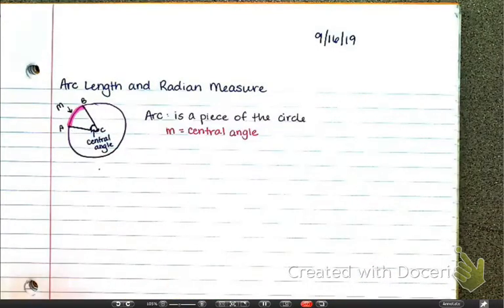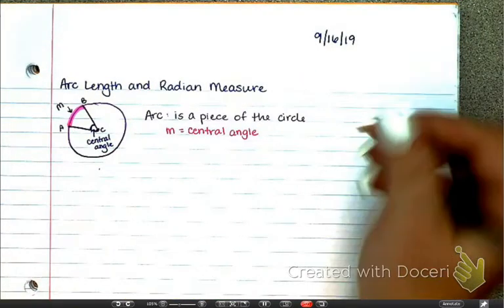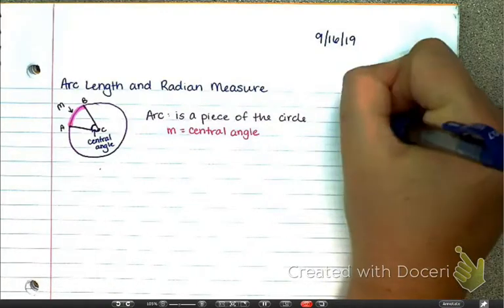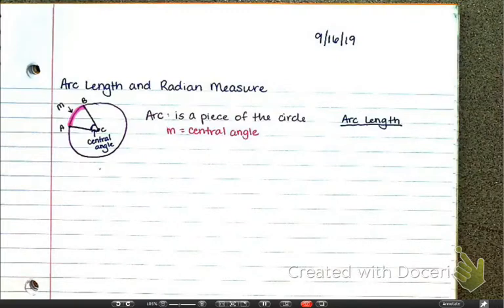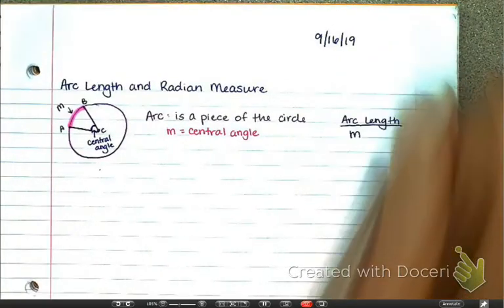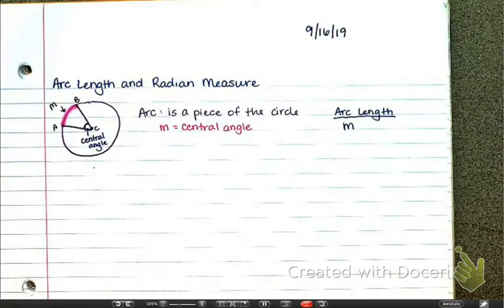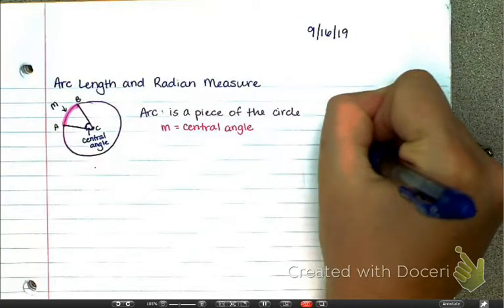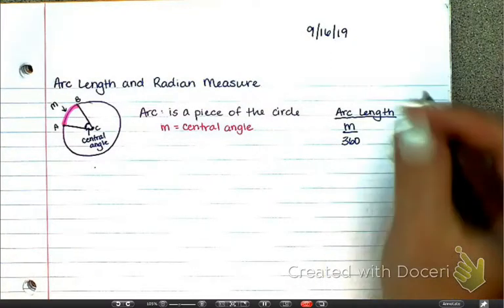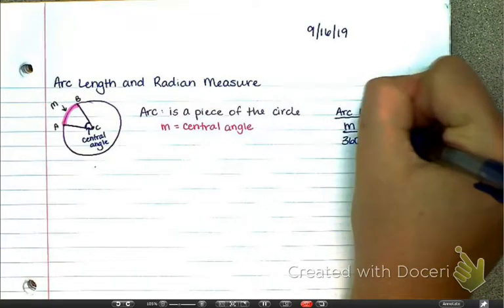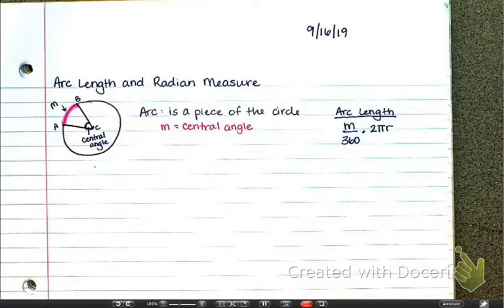Okay? Now, our formula for arc length is the measure, so that piece, over 360, because it's the piece of the entire circle, which is 360 degrees, times 2 pi r.